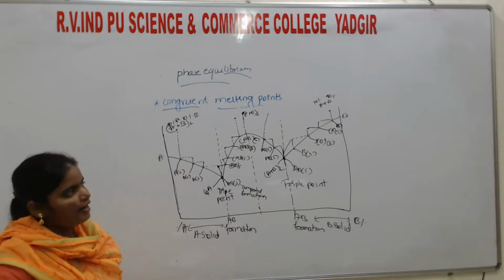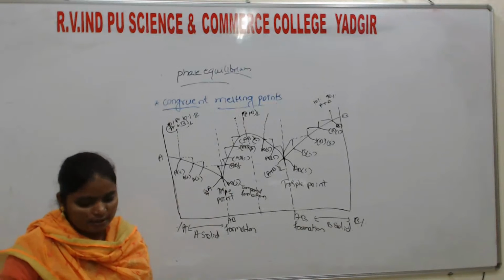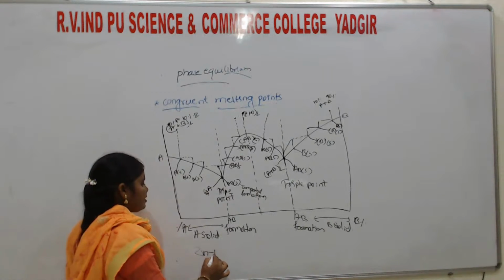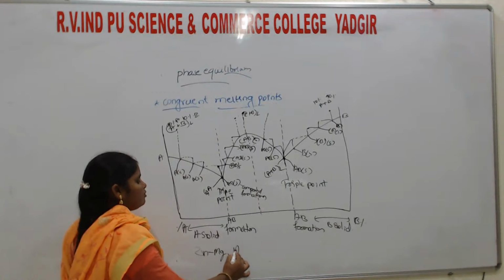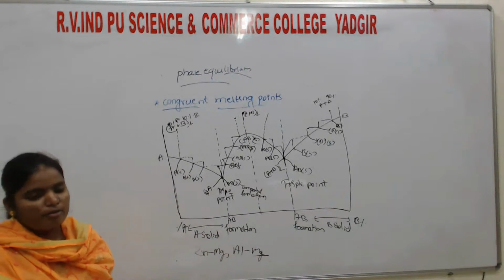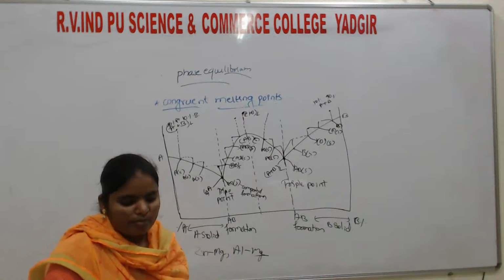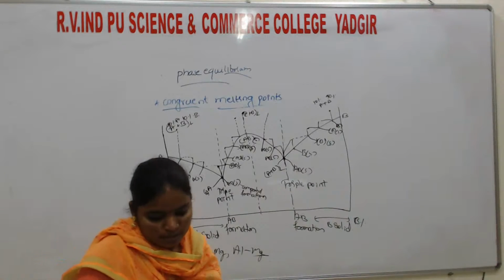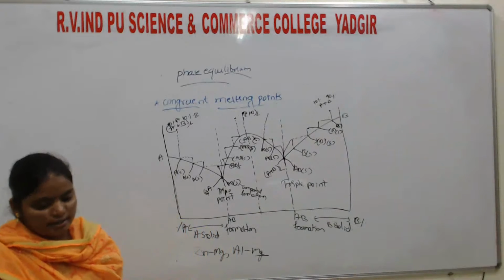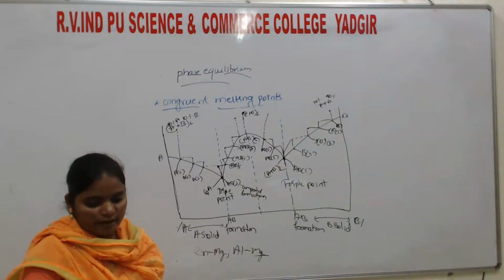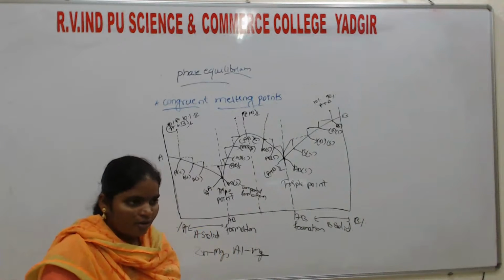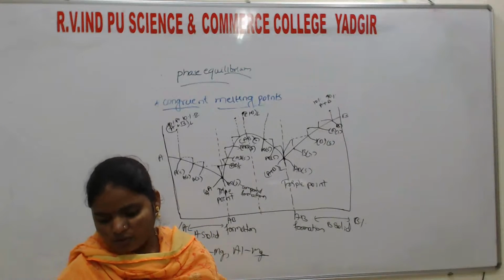Another example you can take: zinc and magnesium, aluminum and magnesium, aluminum magnesium and mercury, thallium, gold and tin, phenol and aniline, and among salt hydrates, the ferric chloride water system.